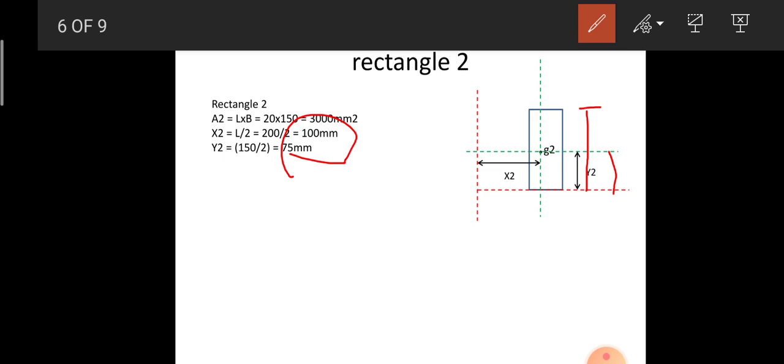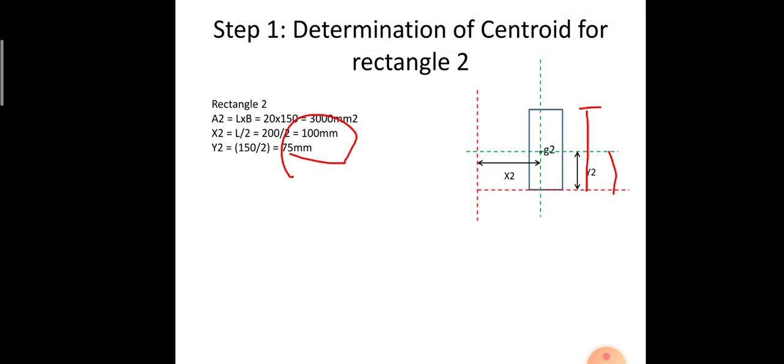So that 75 mm represents the vertical distance from the reference axis to the individual centroidal axis of rectangle 2. So with reference to the calculation of x1, y1 and x2, y2, we can determine the centroid for the overall T-shaped structure as a whole easily.